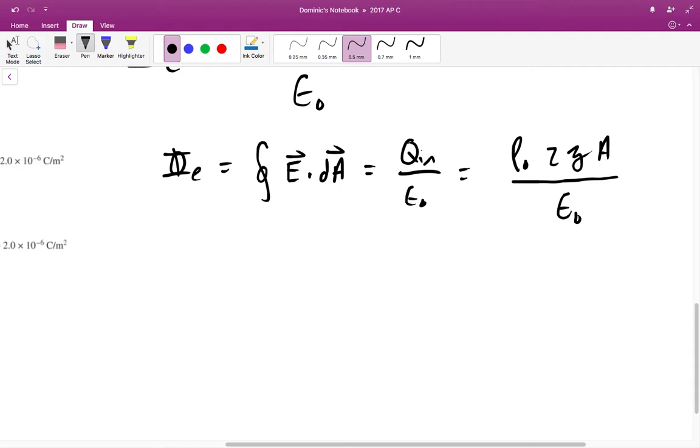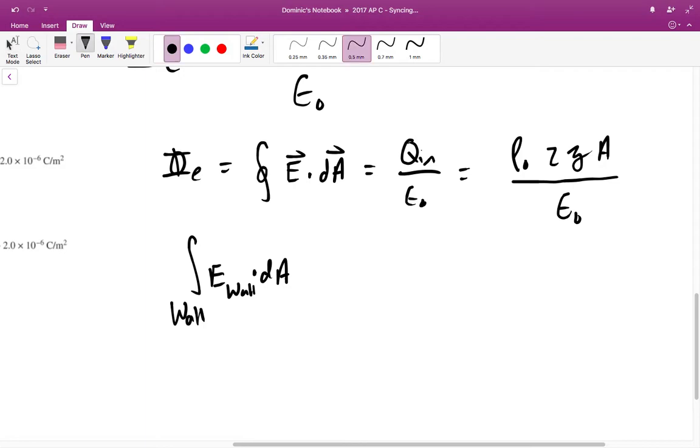So this closed surface integral is going to become a surface integral of the wall of the cylinder, E dot dA. It could be a different E, so for now I'm just going to say E of the wall dot dA.